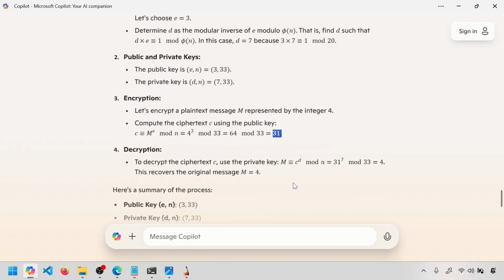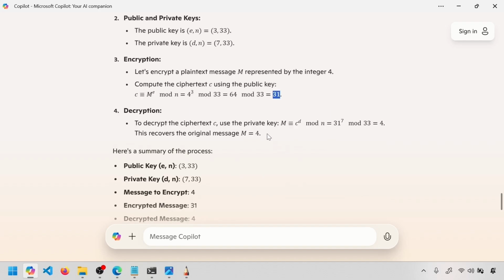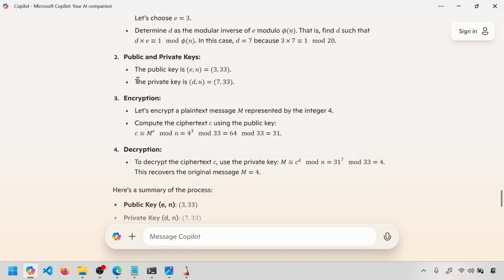Now, how do we get it back? How do we get 4 from 31? That is the secret. That is the crux. And for that, we need to use the private key, which is different from the public key. The d which we calculated is part of the private key. So in this case, d is 7. We have seen that 7 is the d.